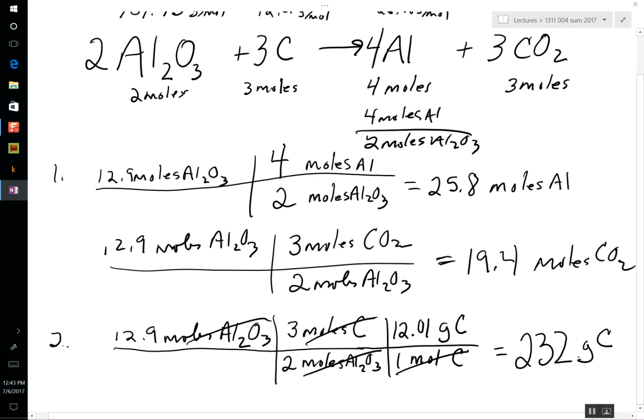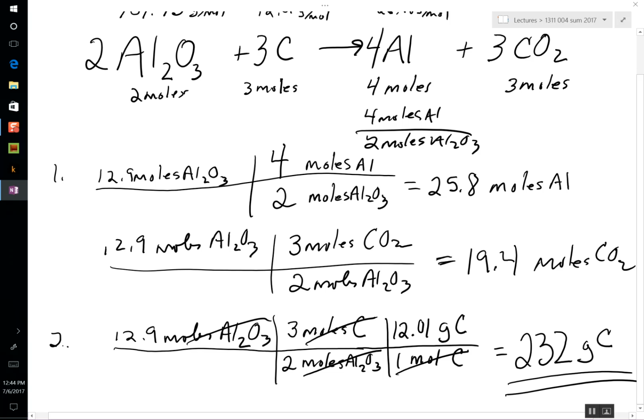I'm buying it by the pound, the ton, the metric ton. They're buying and selling these commodities on a mass basis, weight basis. So now we're starting to get into the real world, where we say, okay, I need 232 grams of carbon to react with 12.9 moles of aluminum oxide.